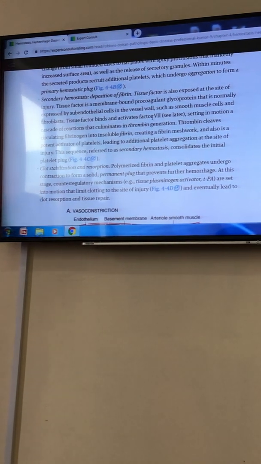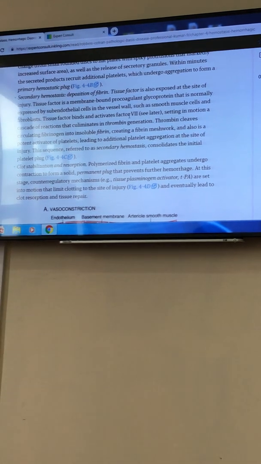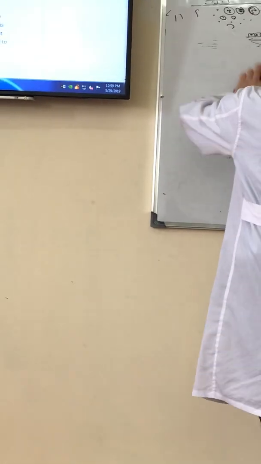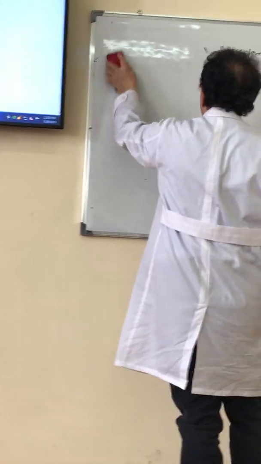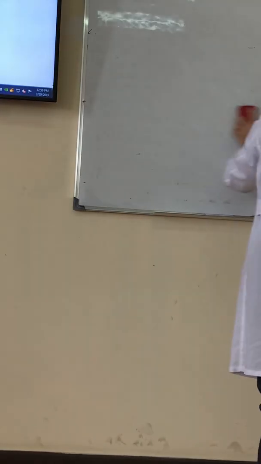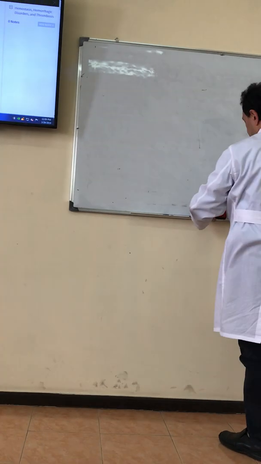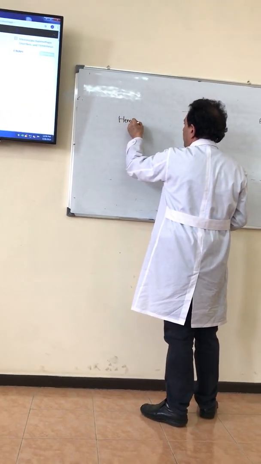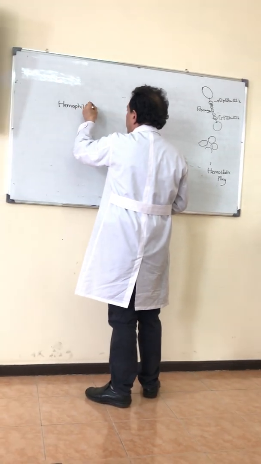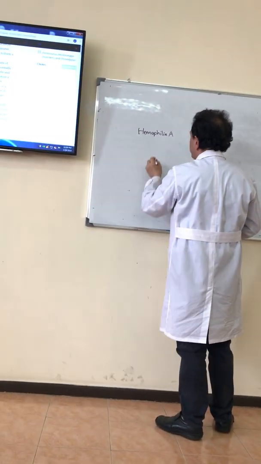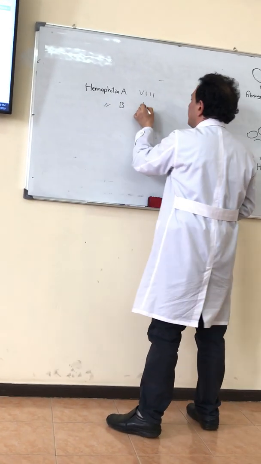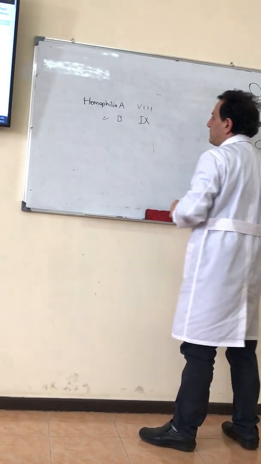So the type of bleeding in secondary hemostasis defects is different from primary. When a patient has coagulation factor deficiency, for example factor VIII deficiency, it causes hemophilia A, and hemophilia B is due to factor IX deficiency.